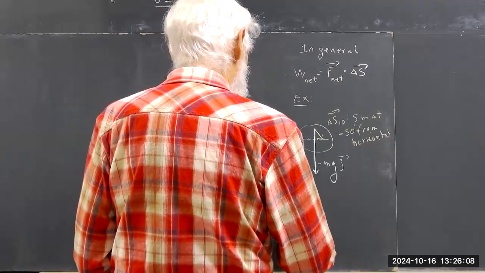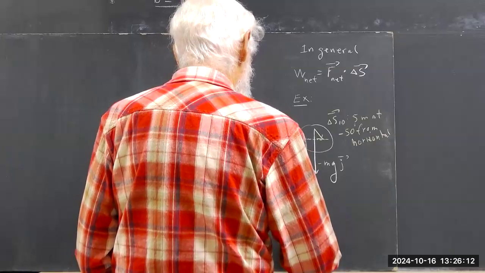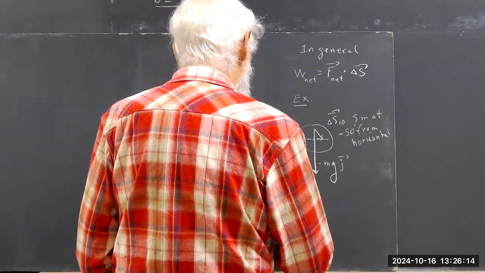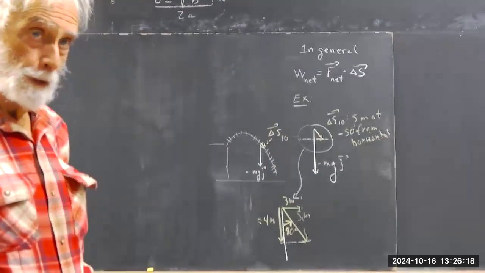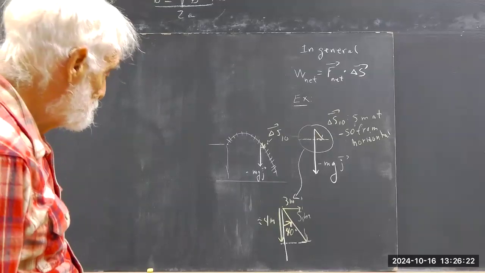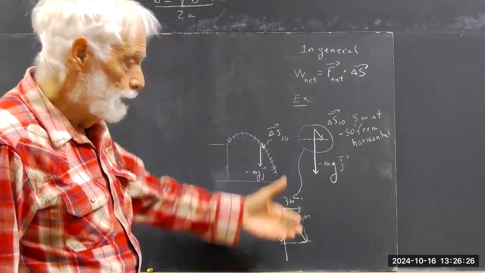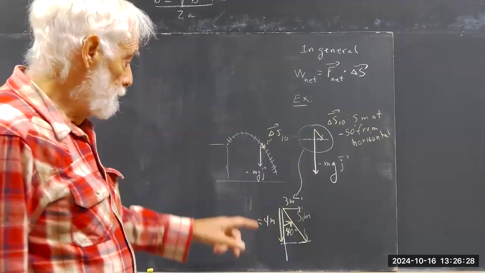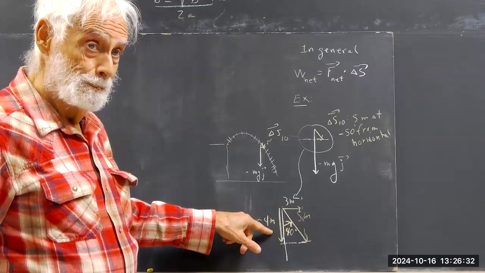And I could also have a vector here that's a vertical projection. It would be 3 meters. This 3 meters is not directly relevant to the dot product because the 4 meters is your 5 meters times the cosine of the angle.